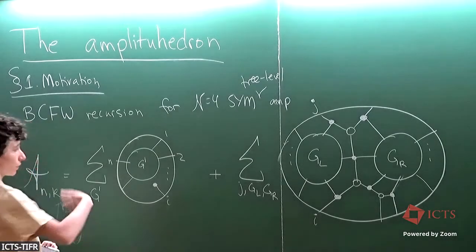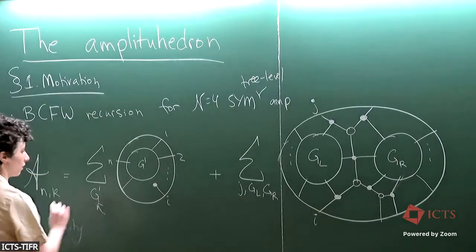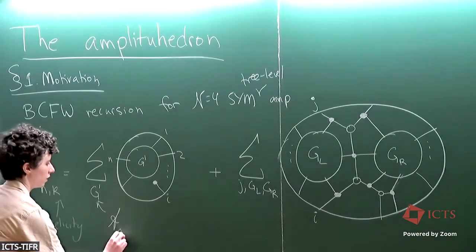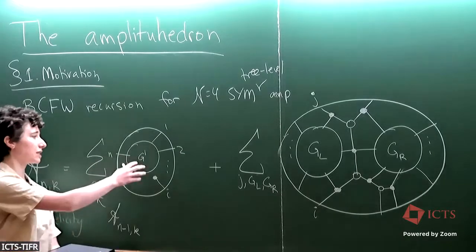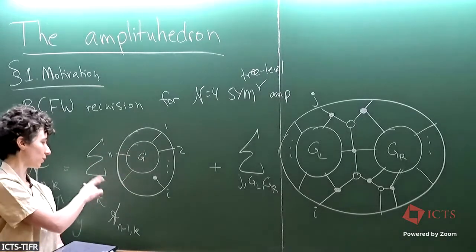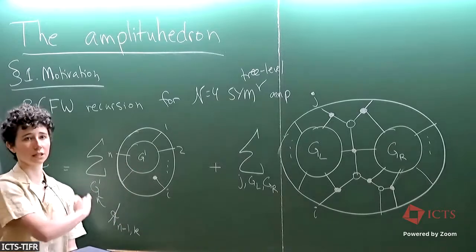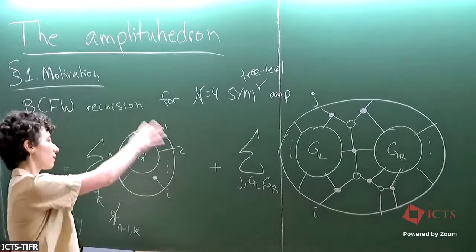And it's recursive. You take the pictures that you got for n-1 points and the same k, and you stick them in here. So your G prime is ranging over all the pictures you got for a lower-point amplitude, and you stick them in here, and then you decorate with a little extra bit. That's one part of the recursion.